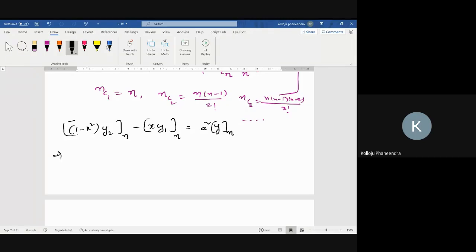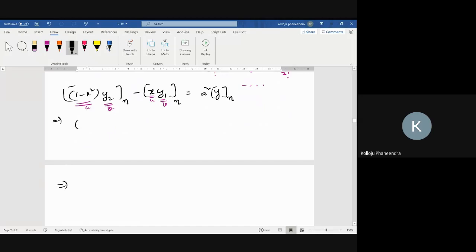Now what is this? This is u and this is v, and here this is u and this is v. So first one, let me write in the next page. This implies first one u as it is, 1 minus x square as it is. Next for y2 means y double derivative. For y double derivative, nth derivative becomes what? N plus 2th derivative. Plus nc1.